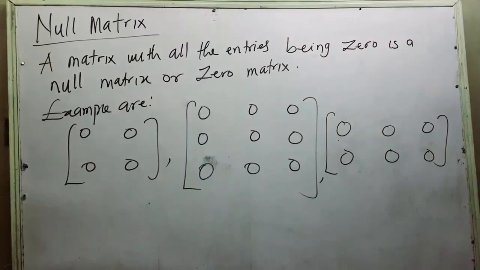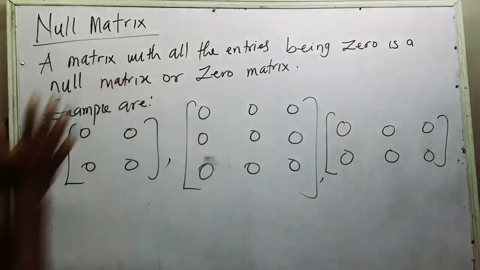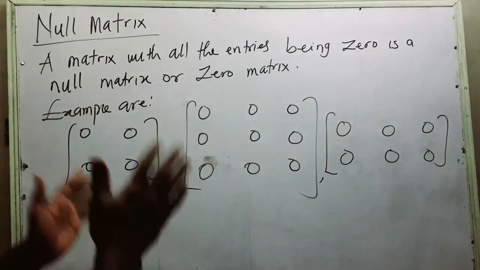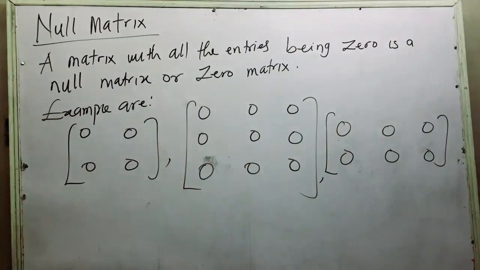So the last one is the null matrix. A matrix with all entries being zeros is a null matrix or zero matrix. We are able to identify from the board that 2 by 2, 3 by 3, 3 by 2, they are null matrices. They have zero entries, so no element will be under the array bracket.